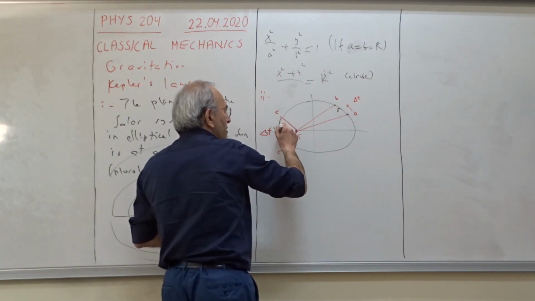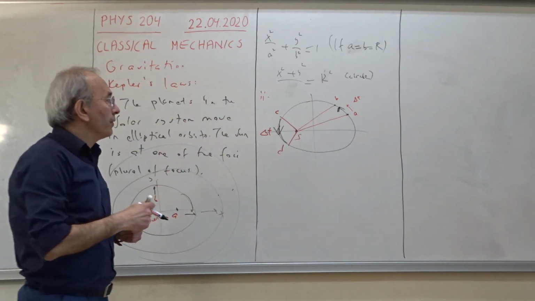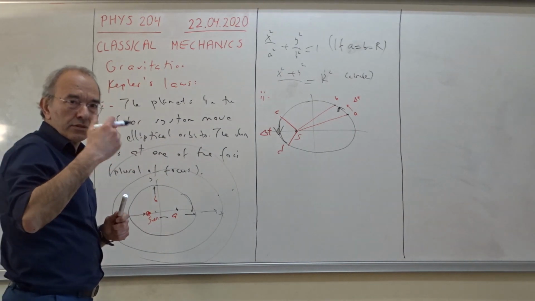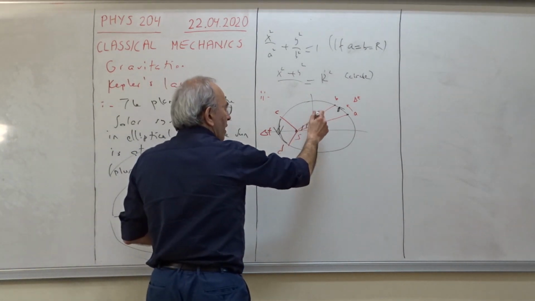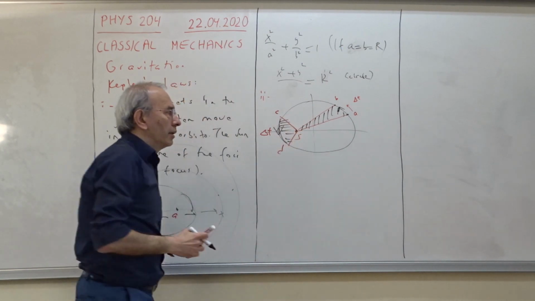If this is the case for the yearly journey, then the areas swept by these radius vectors will be the same.